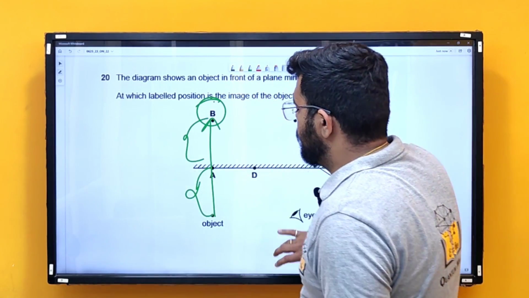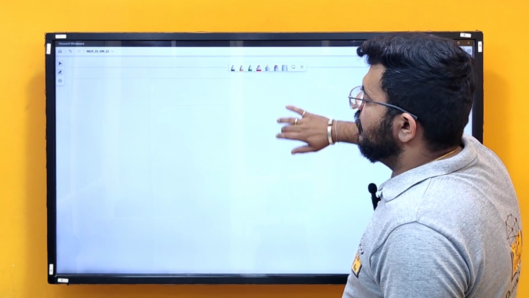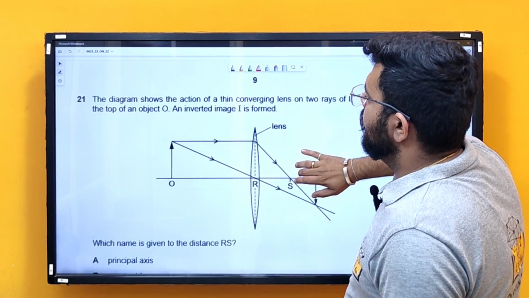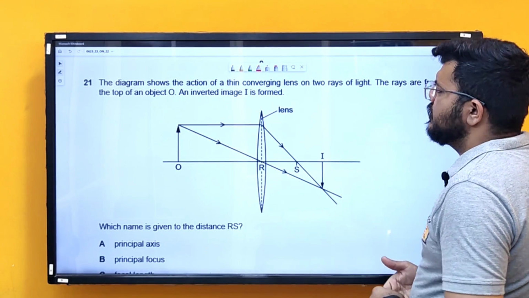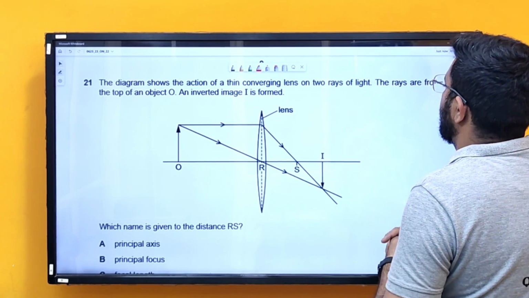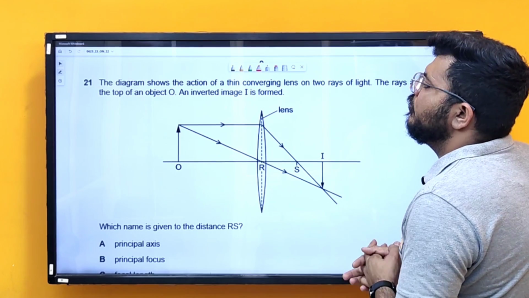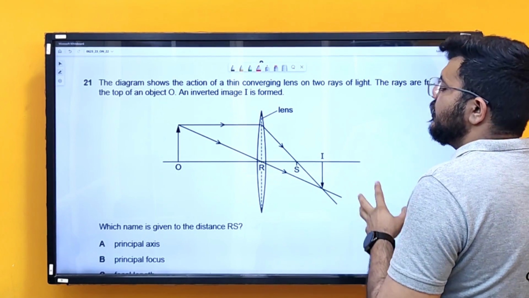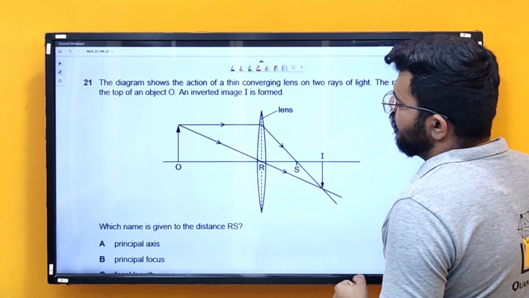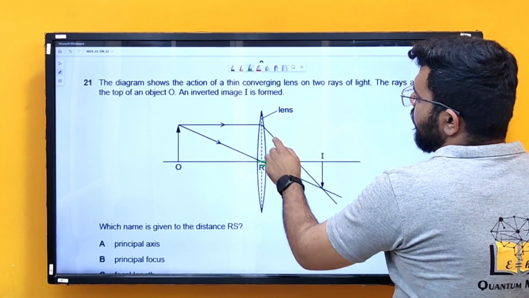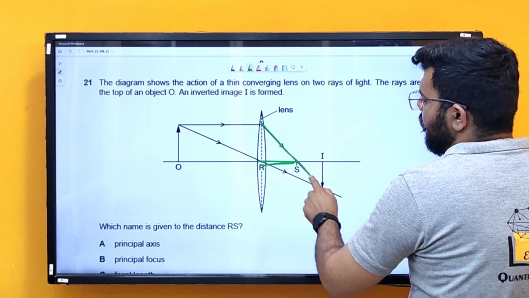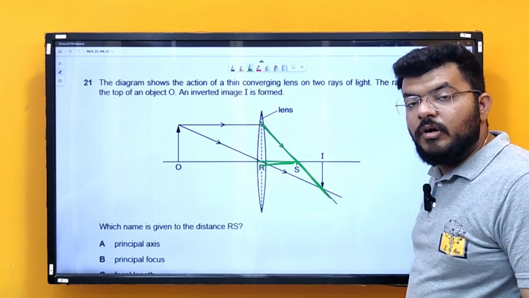Okay. Then we have question number 21. The diagram shows the action of a thin converging lens on two rays of light. The rays are from the top of object O, and inverted image I is formed. Which name is given to the distance RS? The ray passes through S when being refracted from the lens.